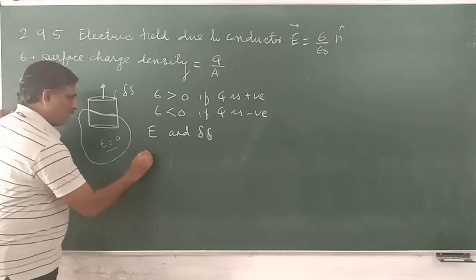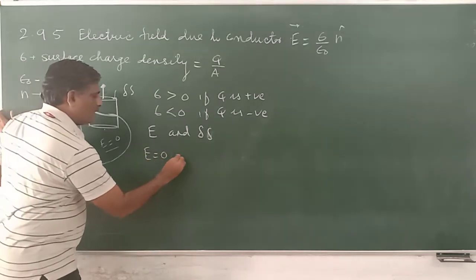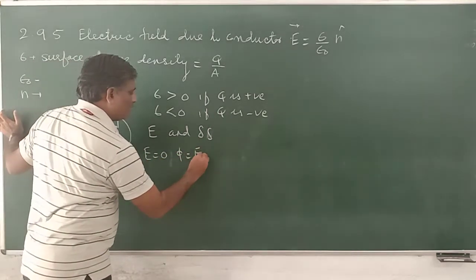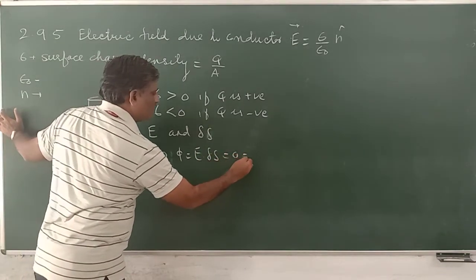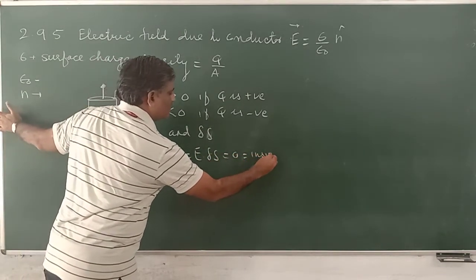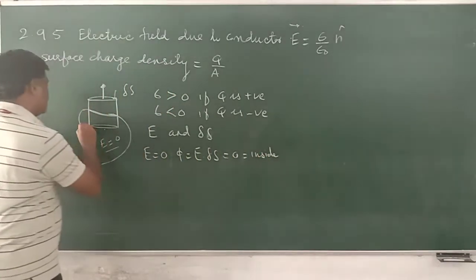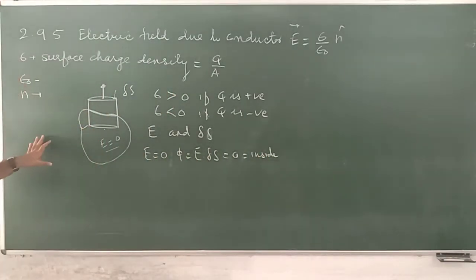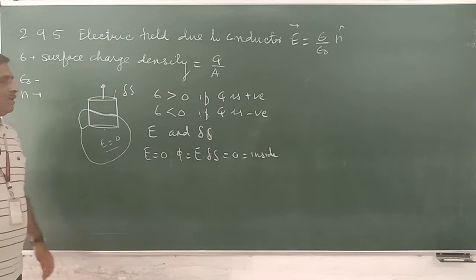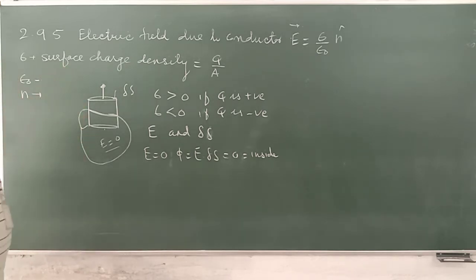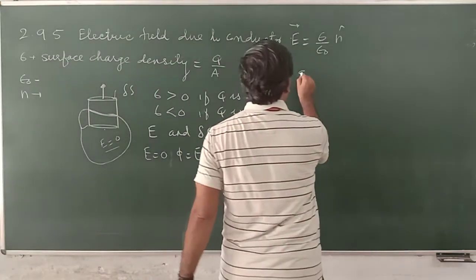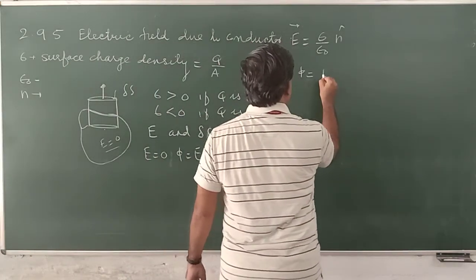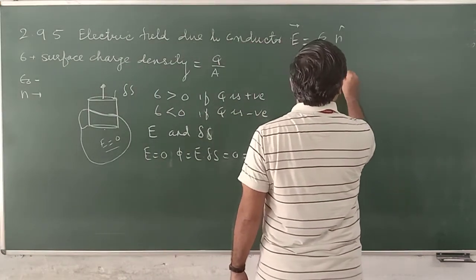If E is equal to 0, then the flux E dot delta S is also equal to 0. So the inside part of this pillbox does not contribute to the flux. Only the outside part of the pillbox contributes to the flux, and therefore phi is equal to E dot delta S.